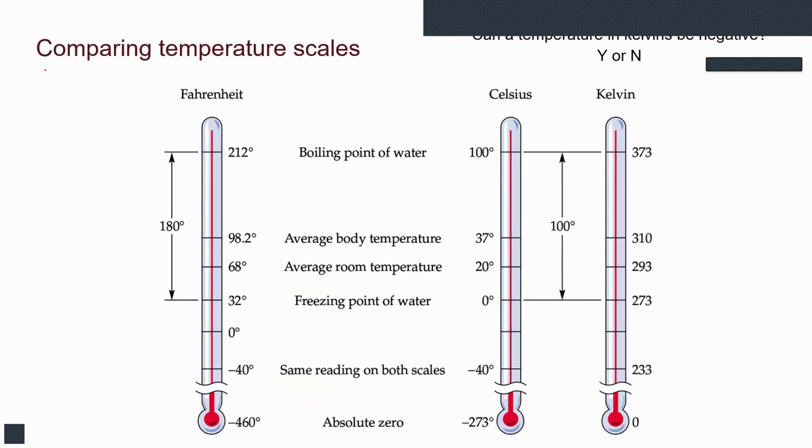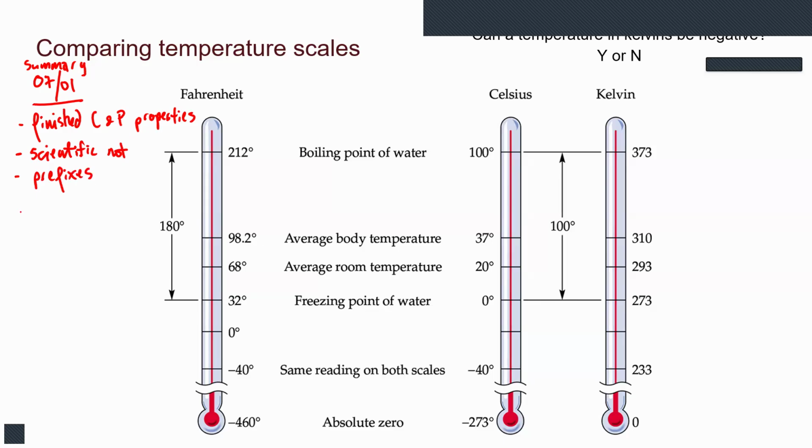So I would say that a summary from 0701 was: we finished chemical and physical properties, then we talked about scientific notation, then we talked about prefixes, and after prefixes, we talked about temperature conversions and measurements.